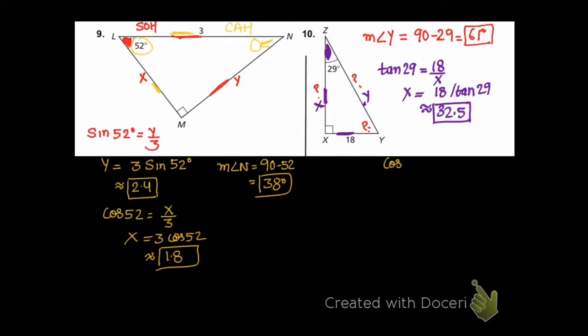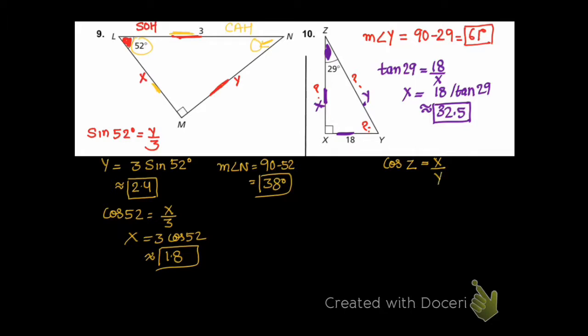If I have to find the cosine of angle z, I can take it that way. Cosine of angle z is going to be what? Adjacent over hypotenuse. In that case, for z, our adjacent is x and the hypotenuse is y.